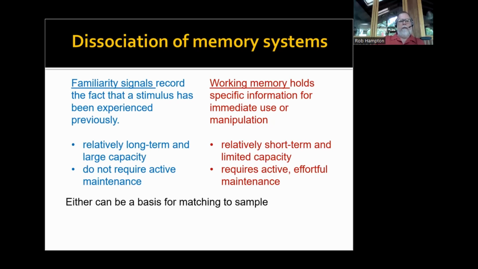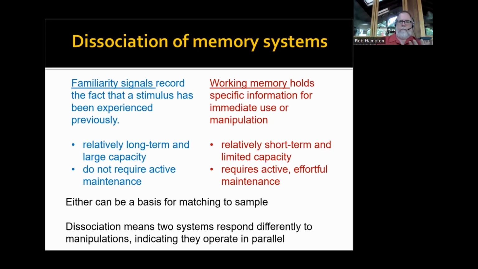Now, I just want to remind you, the reason I'm bringing these two up is that either of these could be related to the mental event that's bridging the delay in a match to sample task. That is, the animal sees a sample, they could become familiar with that sample, then at test they pick the one that's familiar. They could also see that image at the beginning of the trial and hold it actively in working memory, engaging in cognitive effort, so that it's available at test and could be used to pick out the correct image at test.